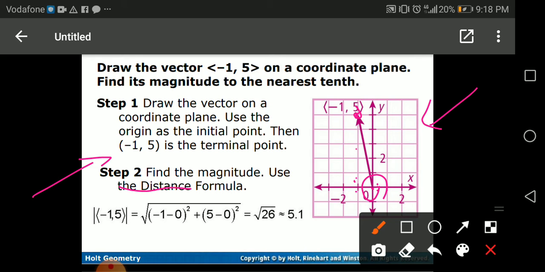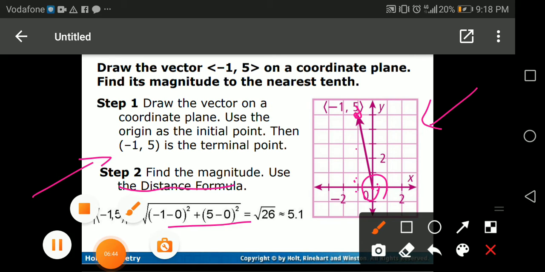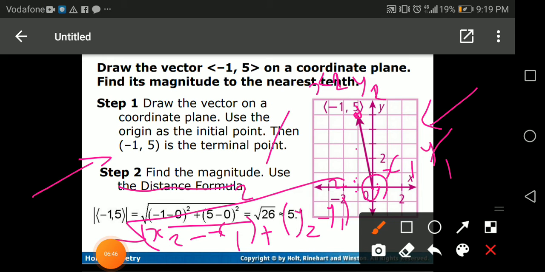Then substituting into the distance formula, you get the magnitude, or the length, of the vector.